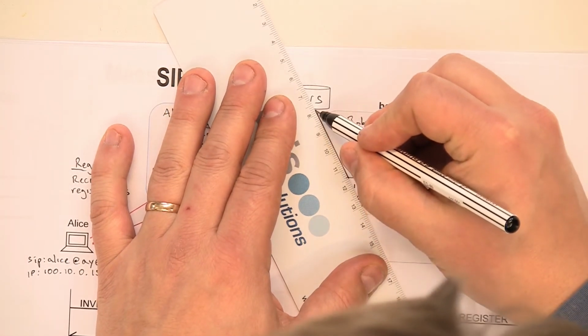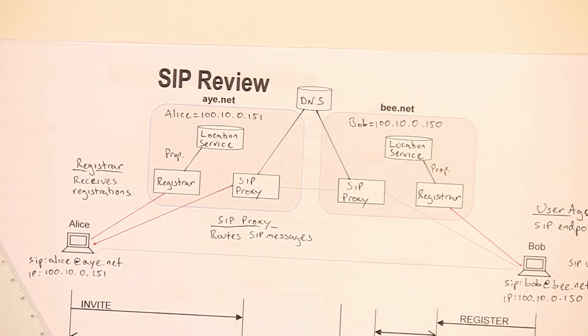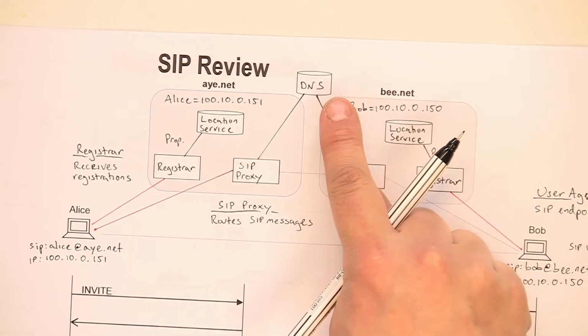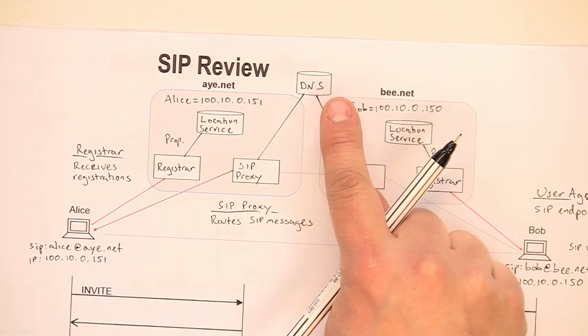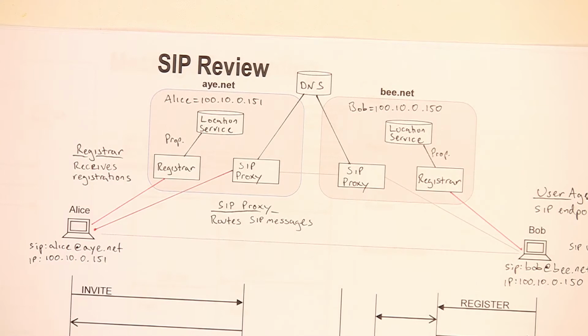This line that I draw now on the right side isn't going to be used for this call. That's in case there will be an outgoing call from the B.net domain later on. That's not completely unlikely. So using the DNS up here, Alice's SIP proxy will be able to find the SIP proxy of B.net.